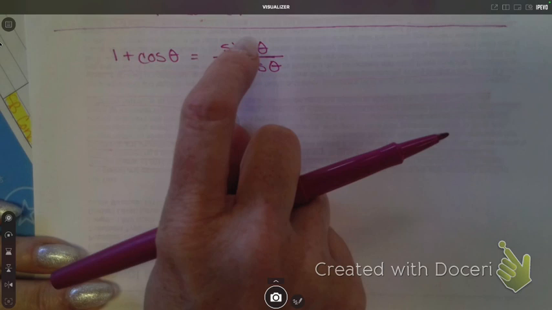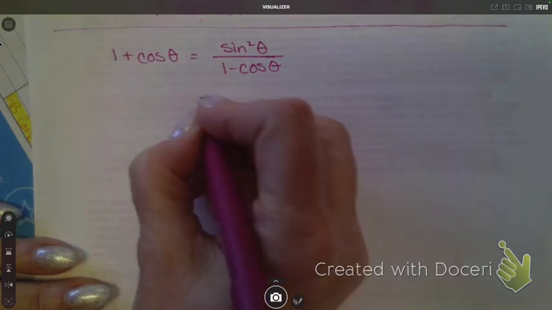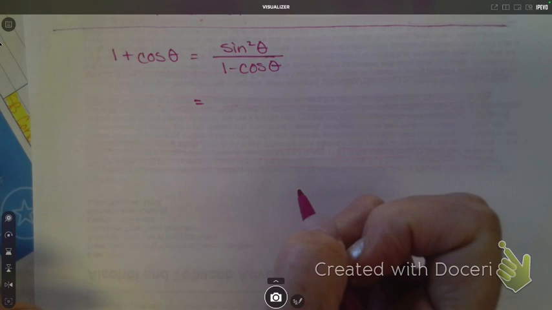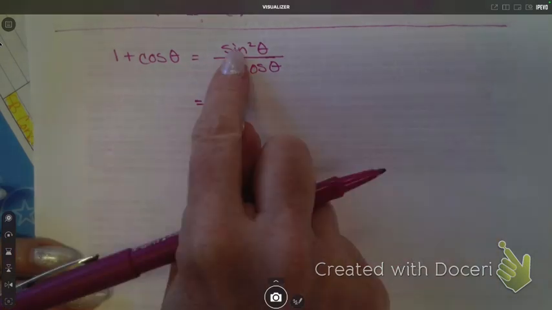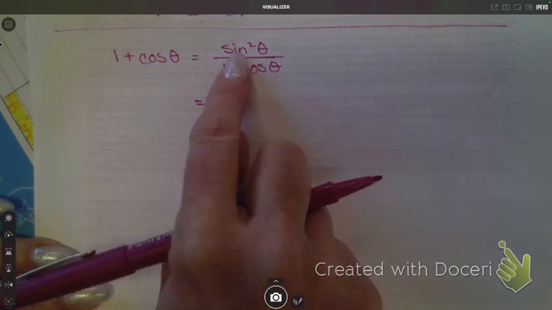The Pythagorean. Yep, the Pythagorean identity. I could change this because I want cosine. So what does sine squared equal with my Pythagorean? The square root of 1 minus cosine? Well, I have squared, so I don't want to put a square root in there.